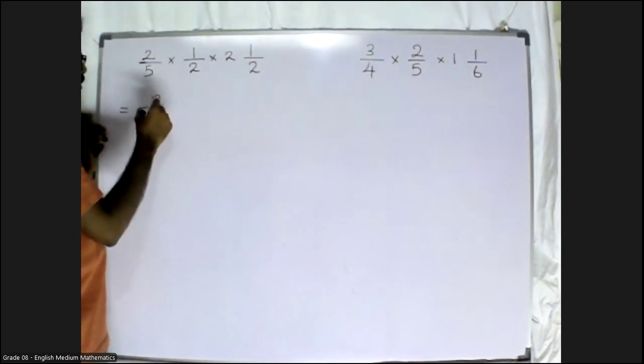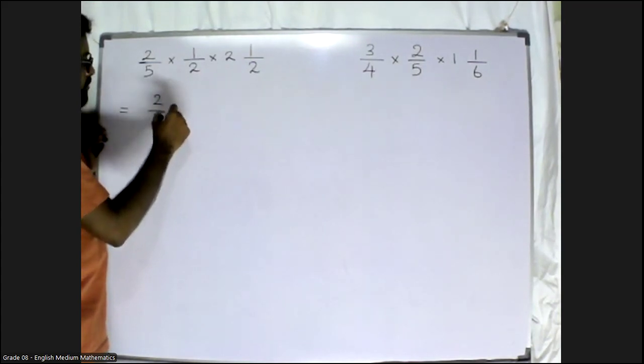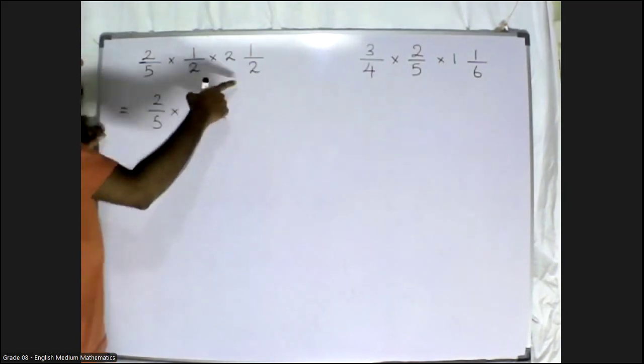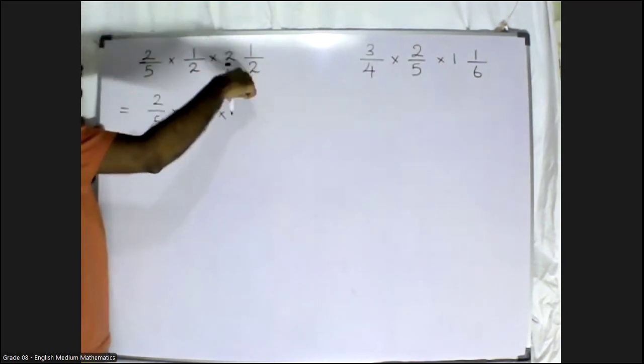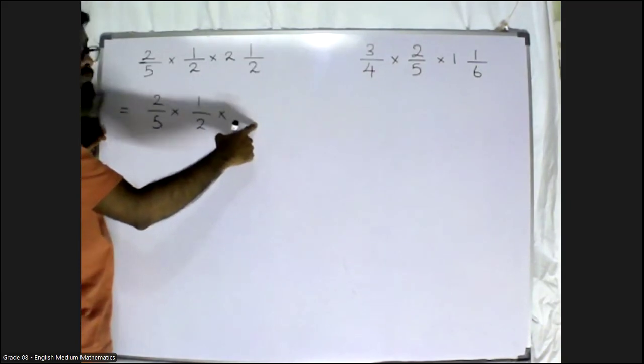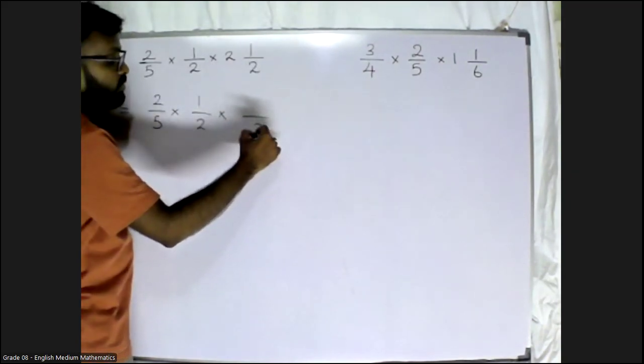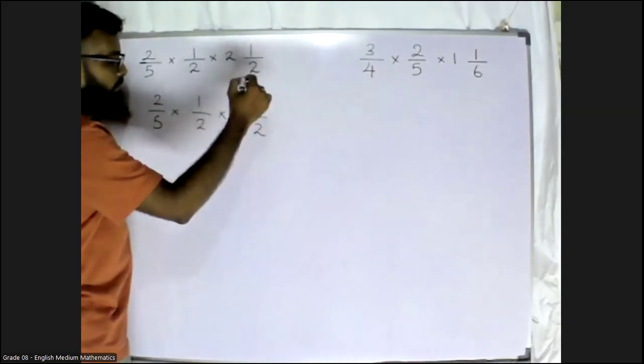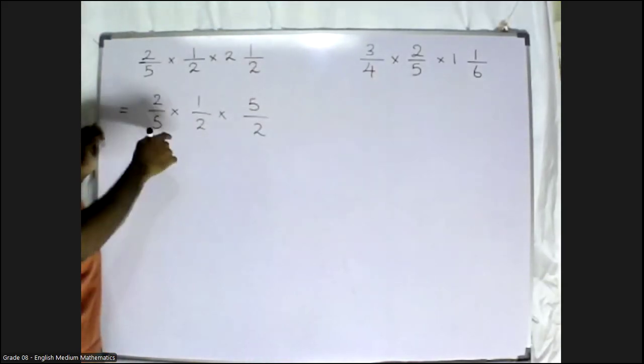Here you have 2/5 multiplied by 1/2 multiplied by a mixed number, converted into an improper fraction. Denominator is 2. 2 times 2 is 4, 4 plus 1 is 5.